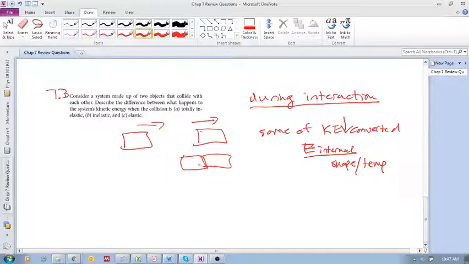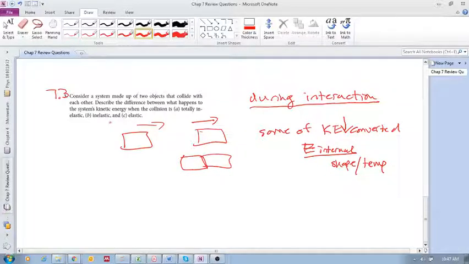However, for a totally inelastic collision, that kinetic energy that was converted to internal energy does not get converted back to kinetic energy. In an inelastic collision, some of that kinetic energy which was converted to internal energy gets converted back.